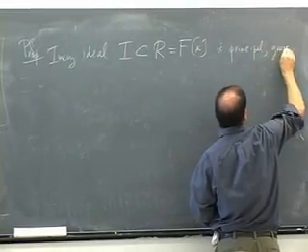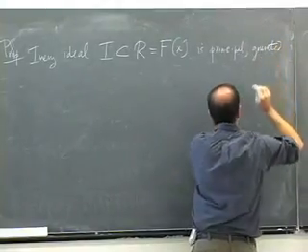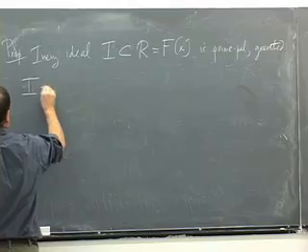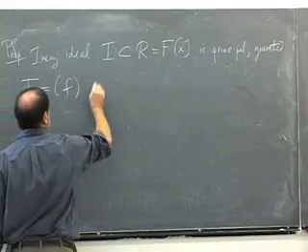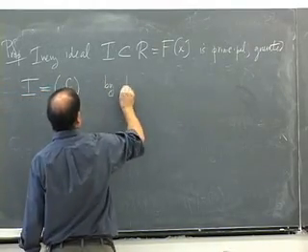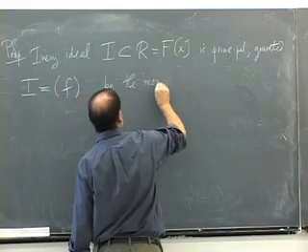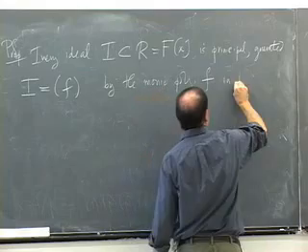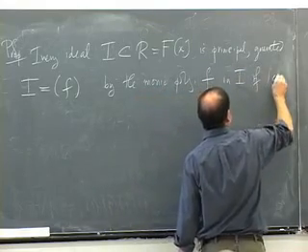So I is a principal ideal generated by the monic polynomial f in I of least degree.